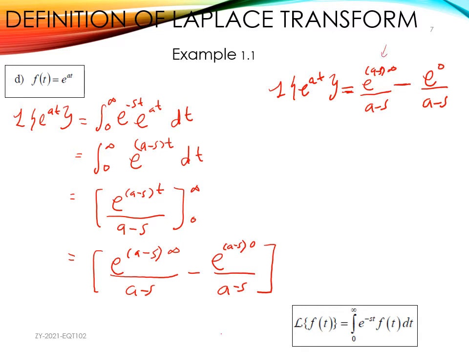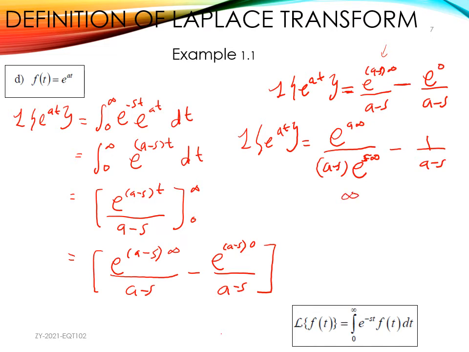For the first term, it's actually like this. This is an exponent, right? So when we separate the exponent negative s infinity, we bring the s below down here. Now exponent 0 is 1 over minus s. So again, this is infinity over infinity, which is equal to 0.